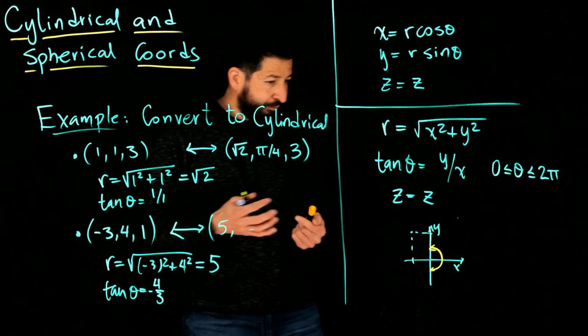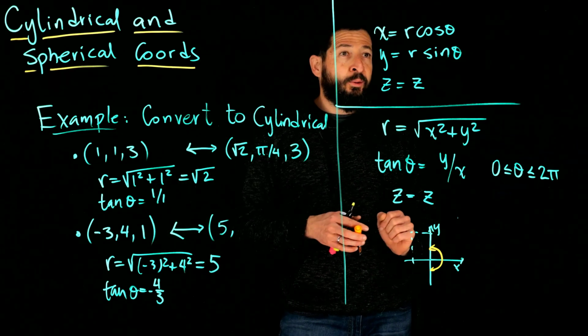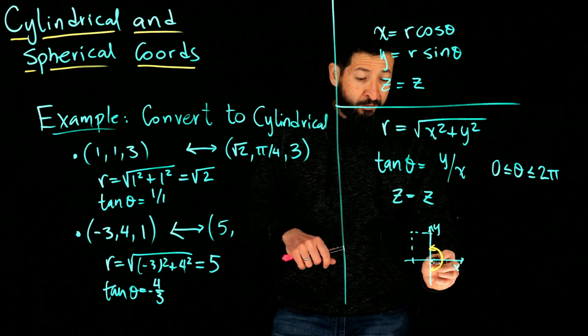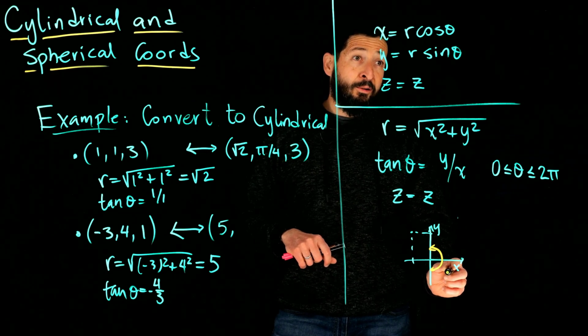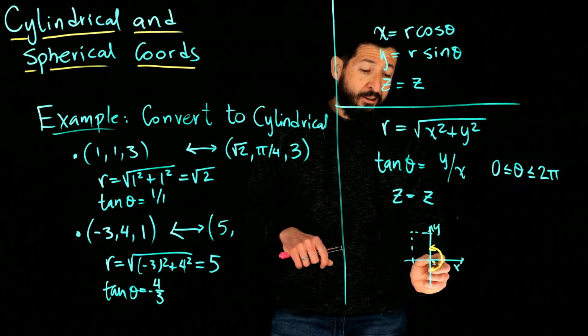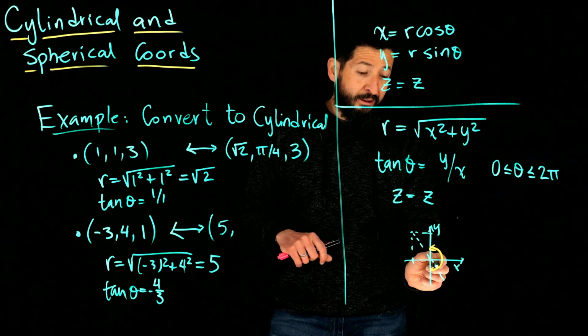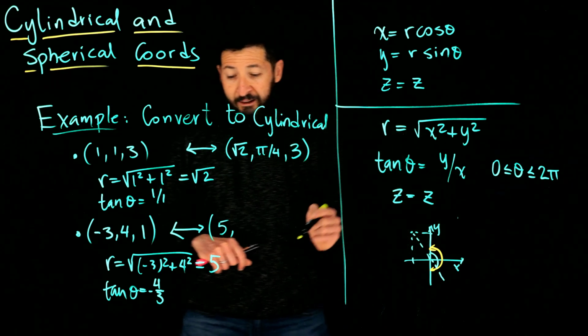So whenever you plug this -4/3 into the arctangent in your calculator, that's going to give you an angle that corresponds to the fourth quadrant. So that's not the angle you're looking for. You're going to do your arctangent, it's going to be somewhere here, and you're going to have to add pi to it so that you go to the correct angle. So remember, it's not always just taking the arctangent.